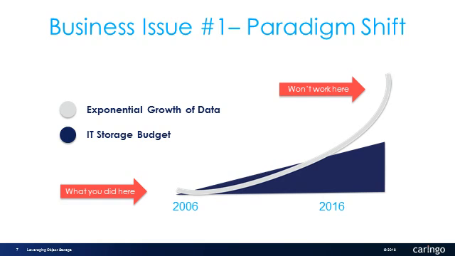So the first business issue is really a paradigm shift, and the graph actually shows what we here at Caringo have seen over time at various organizations. When we first launched our storage software product back in 2006, IT budgets could still handle the price, capacity, and performance mix offered by file-based and block-based storage devices like NAS and SAN.